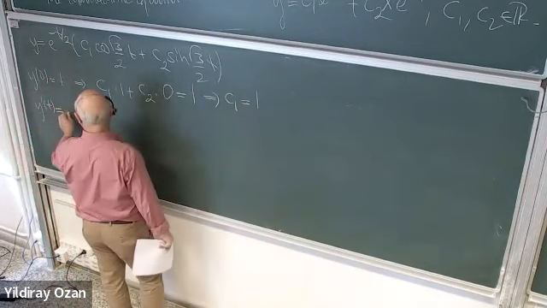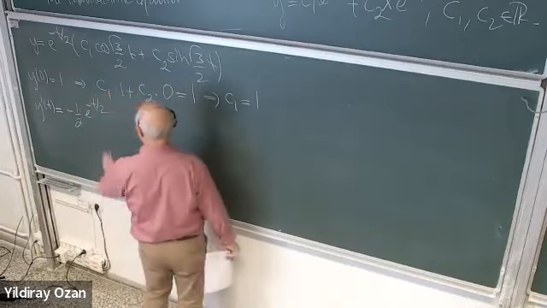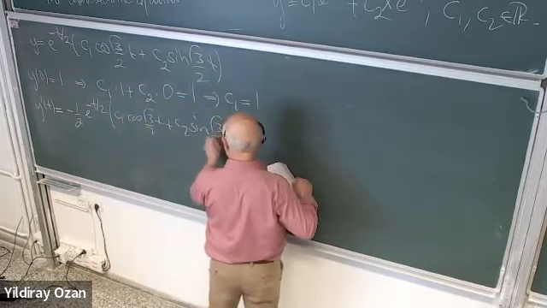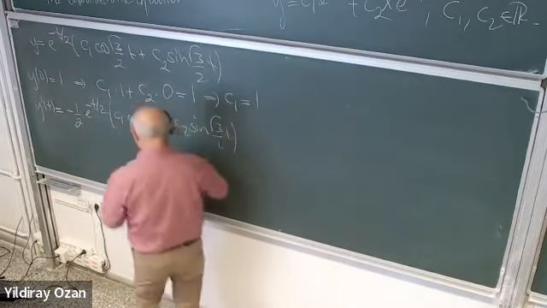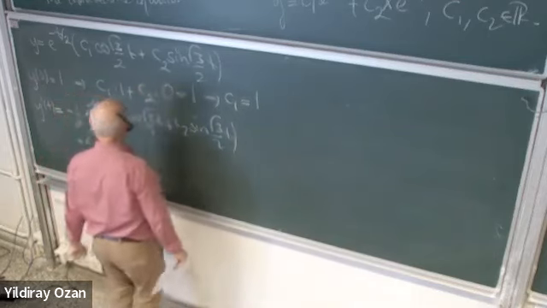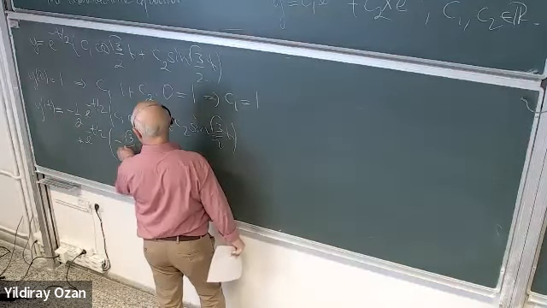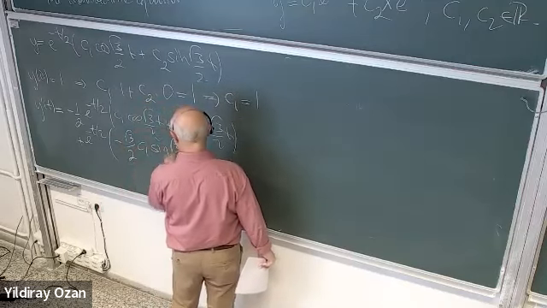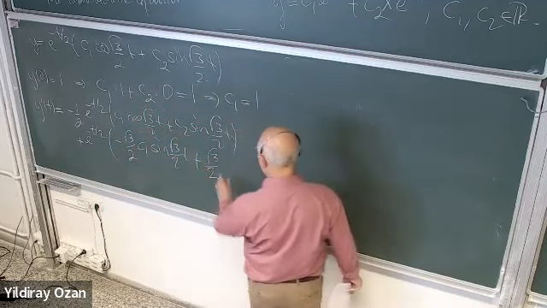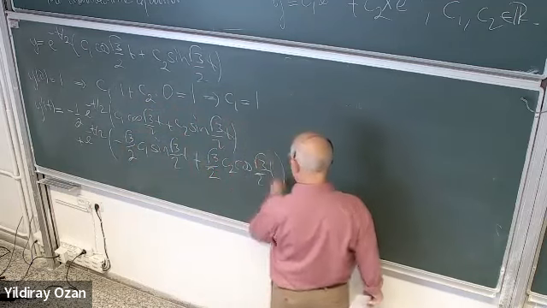The derivative is just minus 1 over 2 e to the power minus t over 2, times C1 cosine root 3 over 2 t plus C2 sine root 3 over 2 t, plus e to the power minus t over 2 times, and then the derivative of this is minus root 3 over 2 C1 sine root 3 over 2 t plus root 3 over 2 C2 cosine root 3 over 2 t.